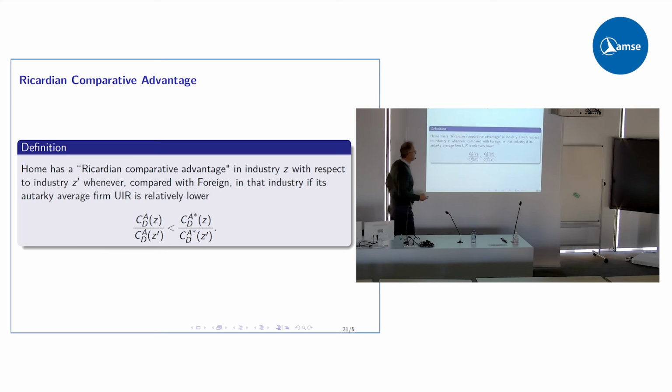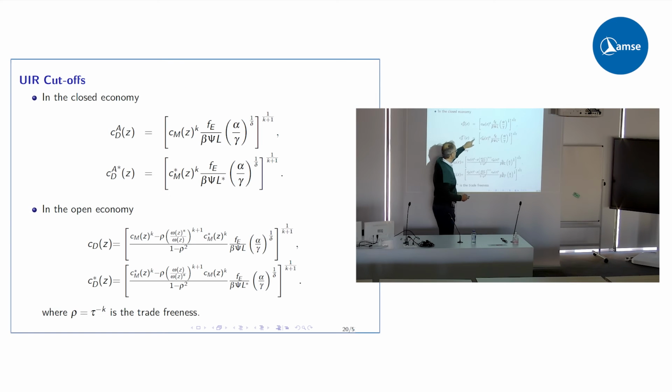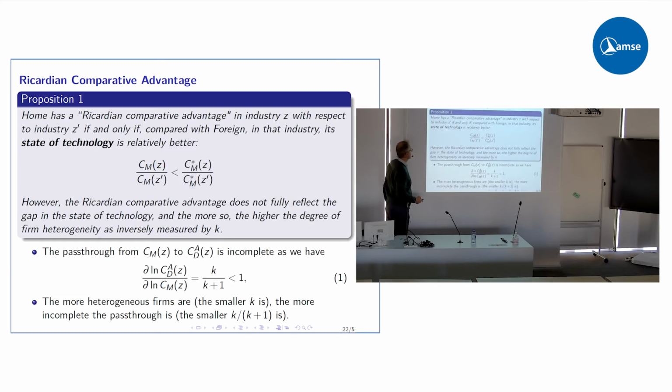Clearly, given this result, if we take the ratio of these two things, a lot of factors disappear. And in the end, we get simply the ratio of Cm over Cm star to some power. And so we can say that home has Ricardian comparative advantage if the state of technology is relatively better in that sector.